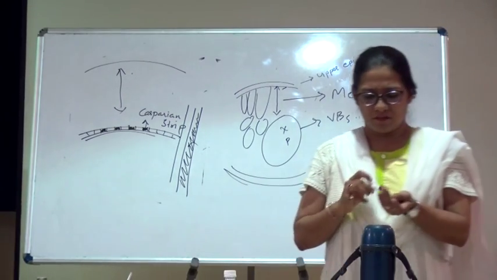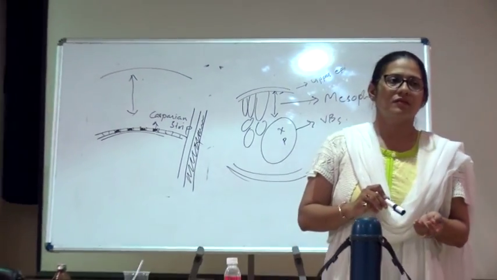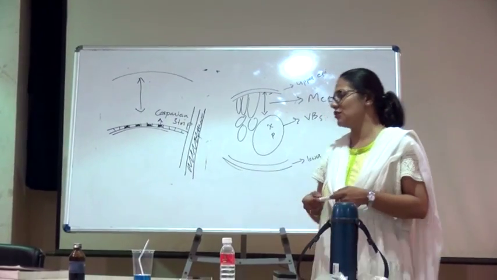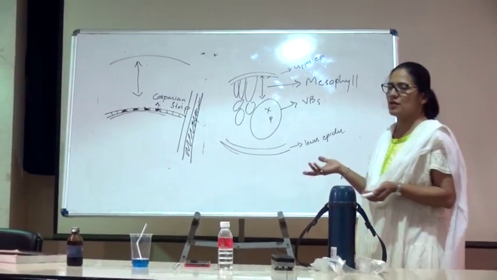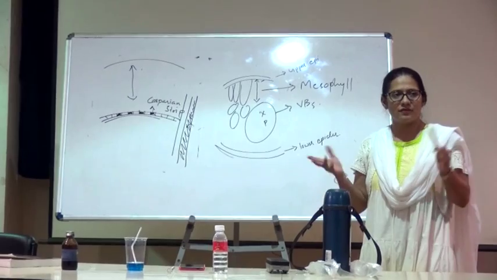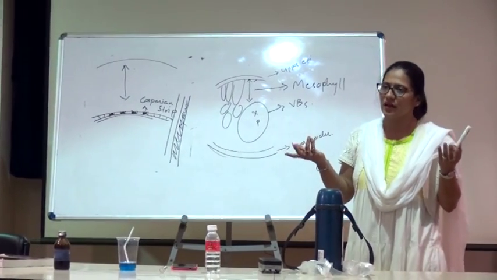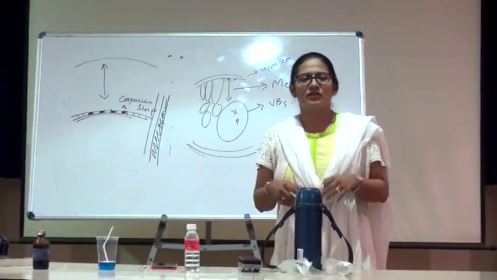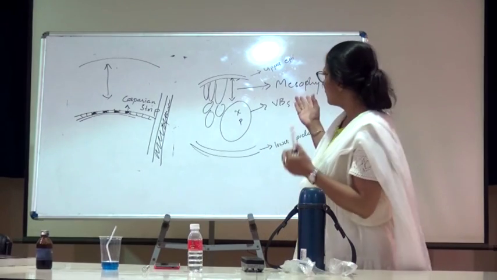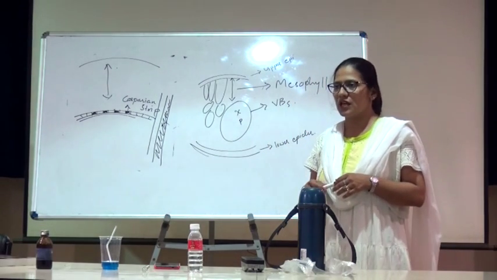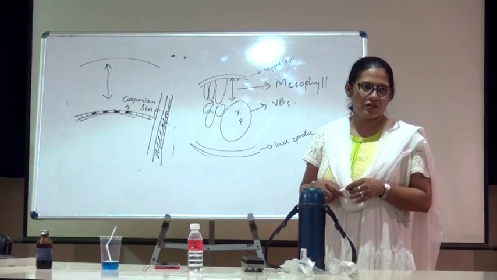Mainly palisade and spongy tissues are there. Depending on the species of the plant, xerophytic, sclerenchymal tissue can also be there, right? If it is a mesophyte, purely spongy and palisade tissue.